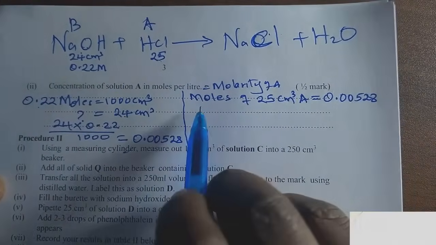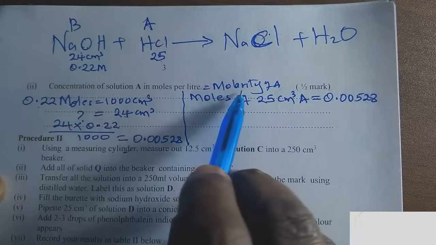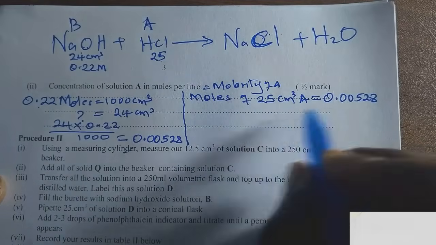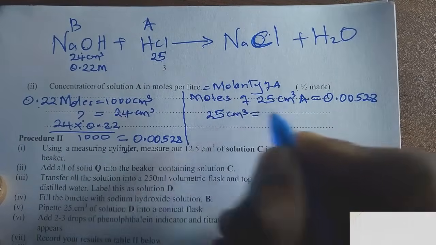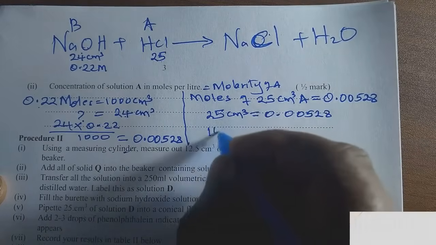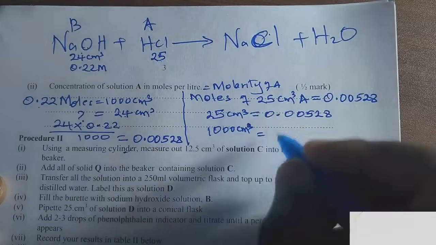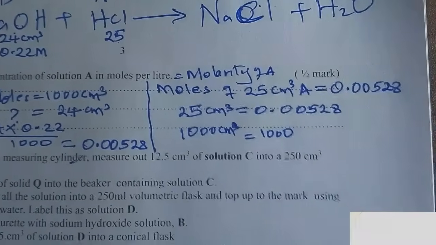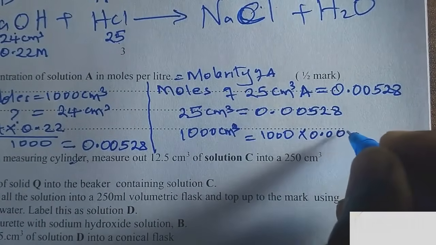So now we have moles in 25 of A, but we are asked concentration, and that is molarity. Molarity is the number of moles in a liter. Therefore, you ask, if this one is in 25, what about a liter? 25 centimeters cubed is equal to 0.00528. So what about 1000 centimeters cubed? You cross multiply 1000 times 0.00528.